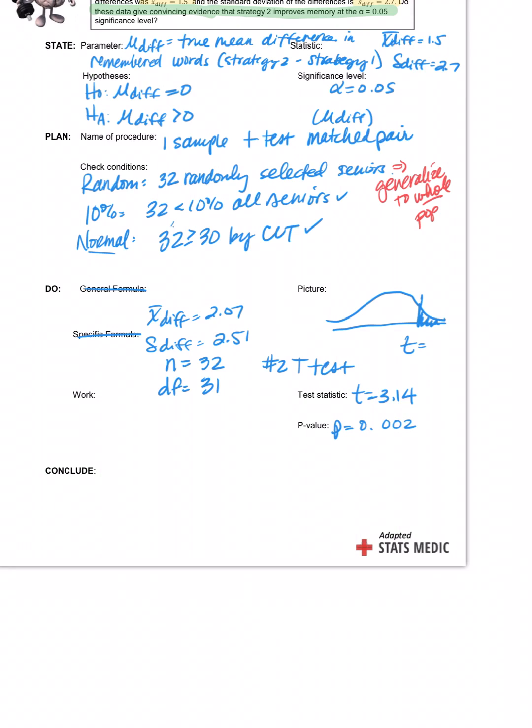Do we have what we need to make a conclusion? Yes, okay. Connect it. So since 0.002 is less than 0.05, what are we going to do with that? We reject the null. Then what?